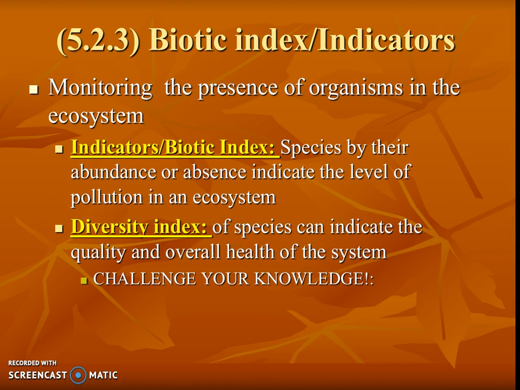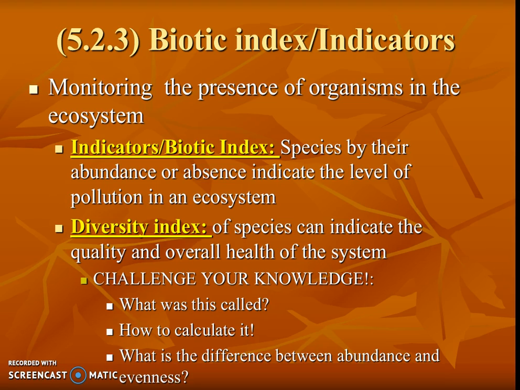We know that a diversity index is a specific name that we've learned. What was it called? It's called Simpson's diversity index. It was that weird thing with the sigma. How do we calculate it? I would go back and look at Simpson index. I'm not going to revisit it a ton right now.